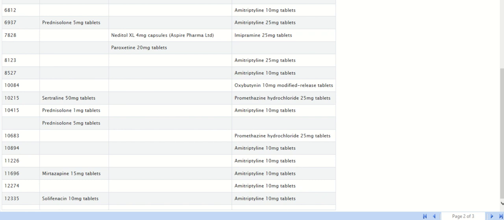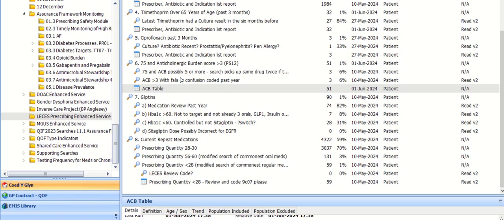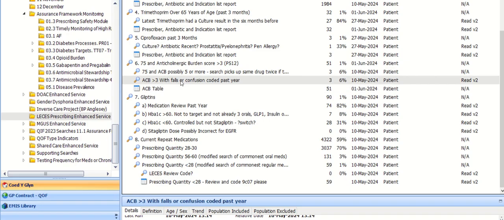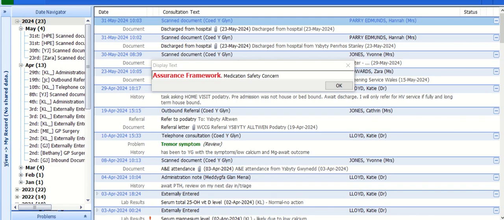I think the other thing that we've searched for are those with ACB scores higher than 3 with falls or confusion, which is one they'd like to prioritise. When you do open these patients, it's worth saying that they already have some of the alerts that we've put in place for the assurance framework. For example, I'll show you this patient here. Because their ACB scores 3 or higher and there's been falls or confusion coded, it's flagging up the warning.